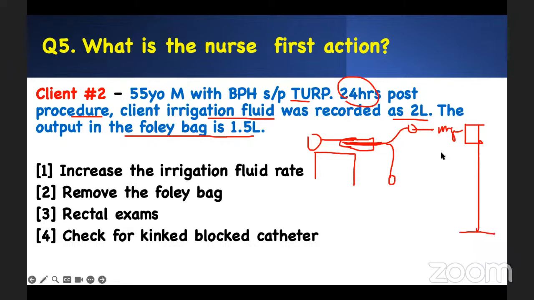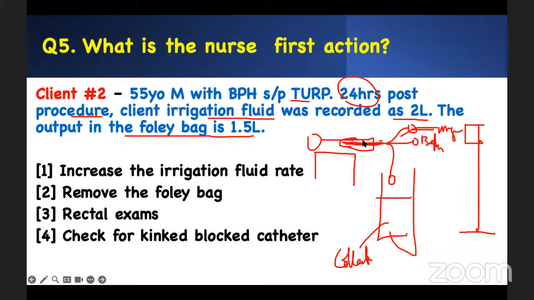It's irrigating the Foley. And this is collecting. Okay, and one has a balloon. That's what it's called a 3-way catheter. You put fluid in, you go into the bladder, then it comes out here.